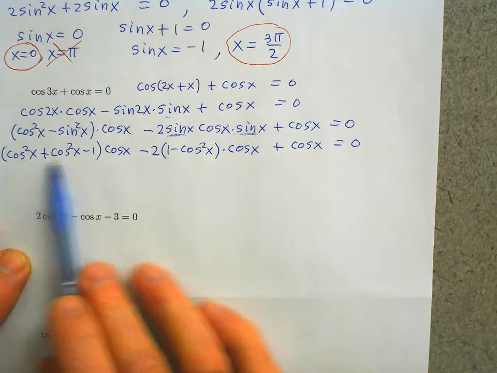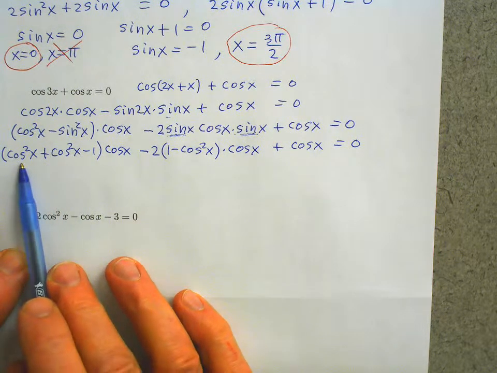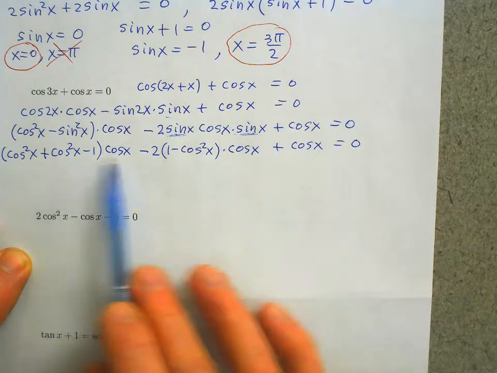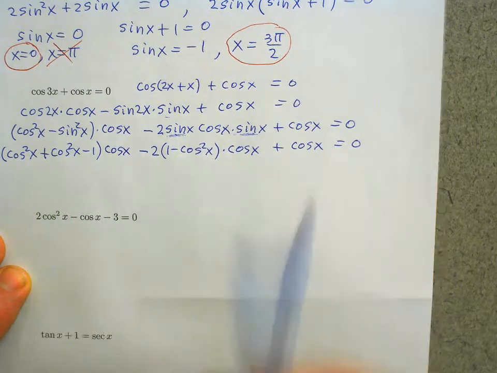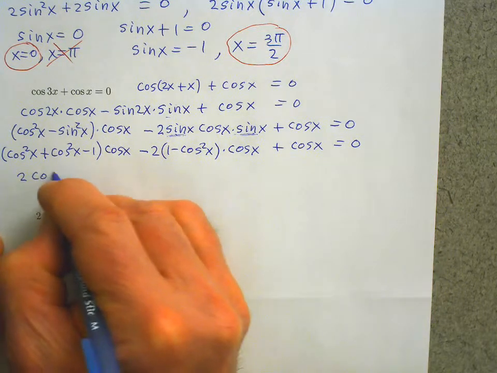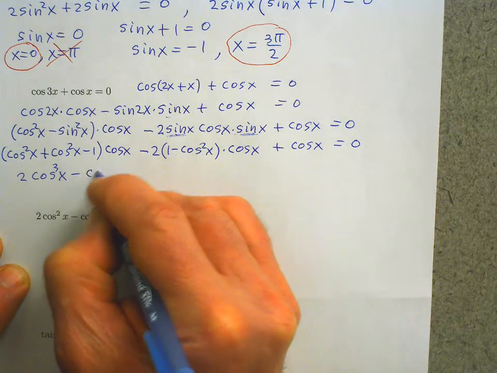So in this set of parentheses, we have 2 cosine of x squared minus 1. When we multiply each of those by cosine of x, we'll get 2 cosine of x to the third minus cosine of x.